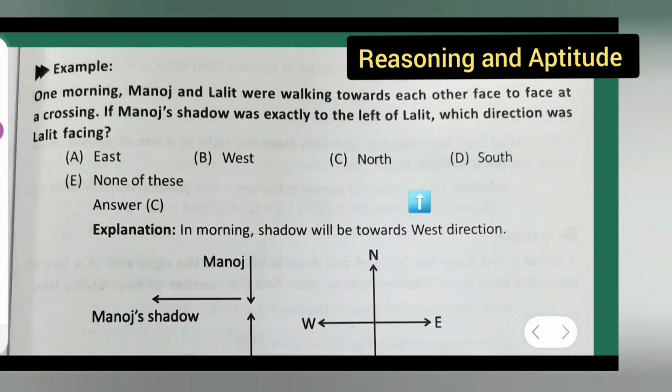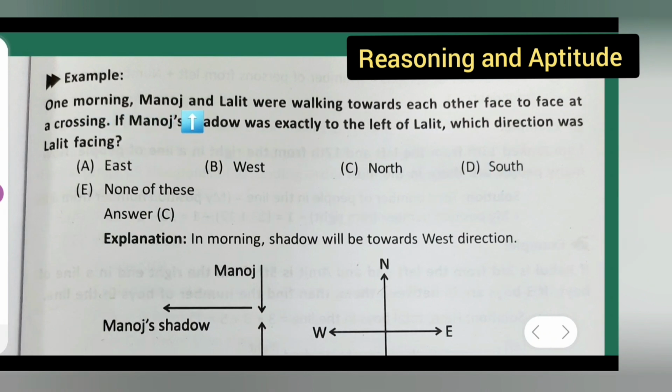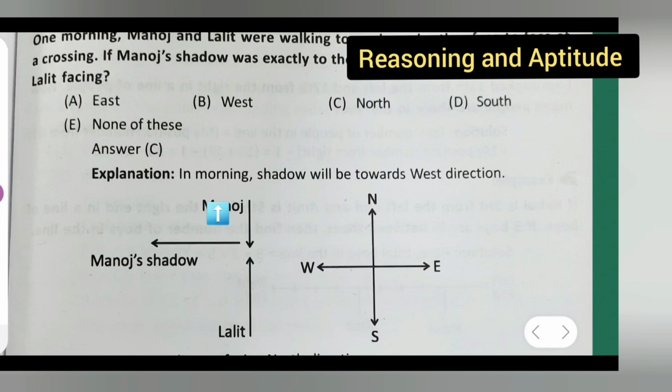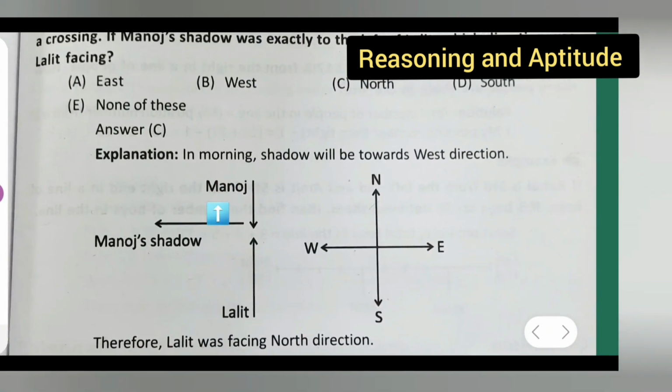Next, moving further towards the next example: one morning Manoj and Lalit were walking towards each other face to face at a crossing. If Manoj's shadow was exactly towards the left of Lalit, which direction was Lalit facing? East, west, north, south, or none of these are given. So let us see. In the question it is given that Manoj and Lalit were walking towards each other face to face at a crossing.